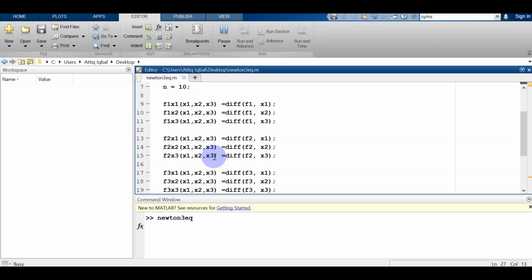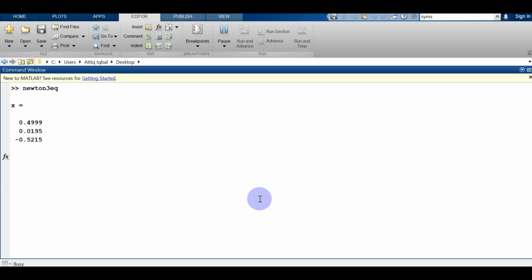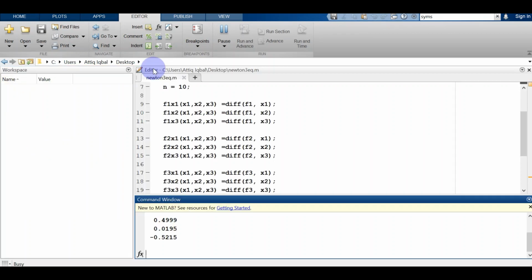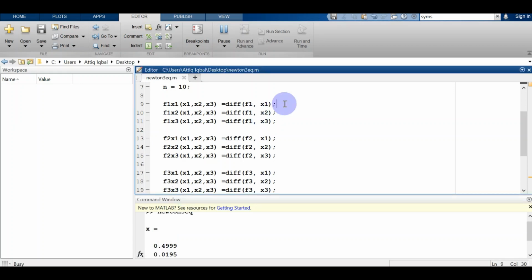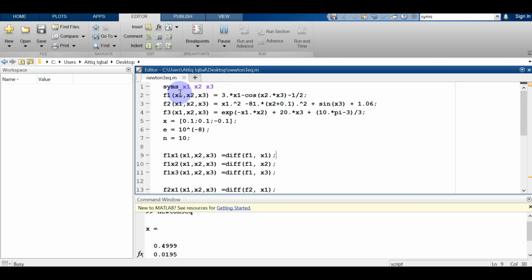Okay, I ran this code, but it is taking very much time to compute the x. It has just computed the first x, and now it is taking time. The issue is that MATLAB symbolic expressions take more time whenever we evaluate some value. So instead we should use the function handle command.